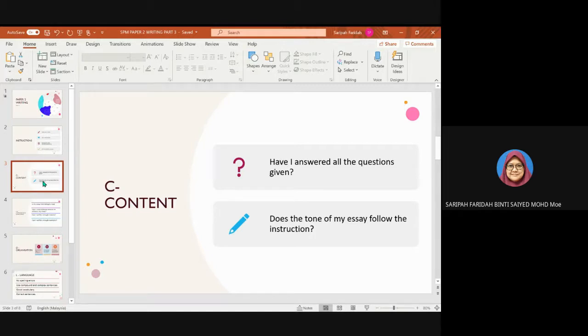Yes. Did this person answer the questions in the essay that she or he has chosen? Are all the questions answered? And if the student wrote the essay, does the tone of the essay follow the instruction? In the questions provided by the assessment format by LPM, there are article, review and story.